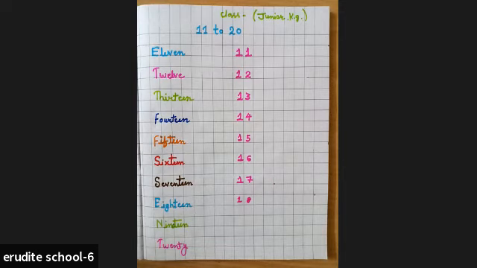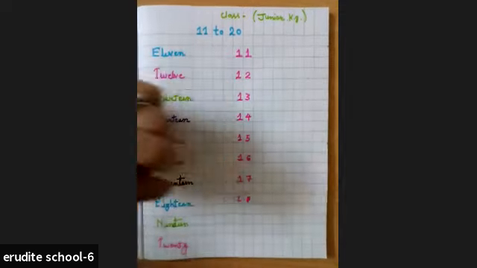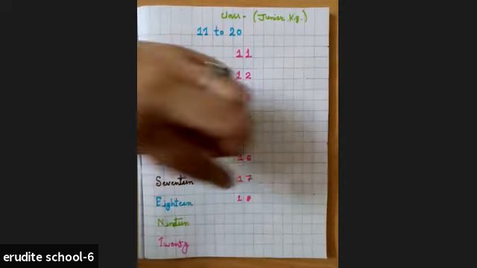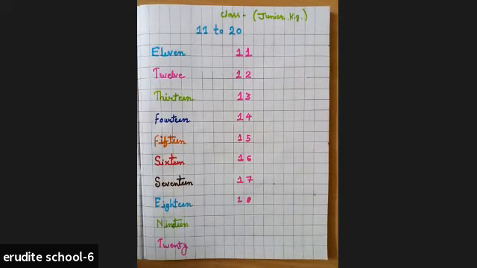Manvi, speak with me, beta. Spelling of 18. E I G H T E E N. 18. Okay. 1, 8, 18. Okay, beta Devanshi.